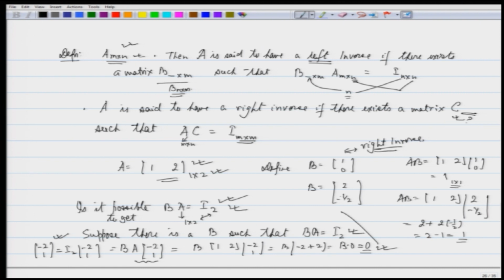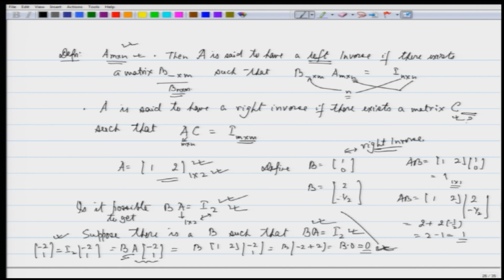Because if B times A is I2, then I can write minus 2 comma 1 as I2 times minus 2 comma 1. I2 is already written as B times A, just multiply it out, use associativity, and what we see is that 1 2 times minus 2 1 is 0, and therefore, minus 2 comma 1, that vector becomes the 0 vector, which does not make sense, all right.